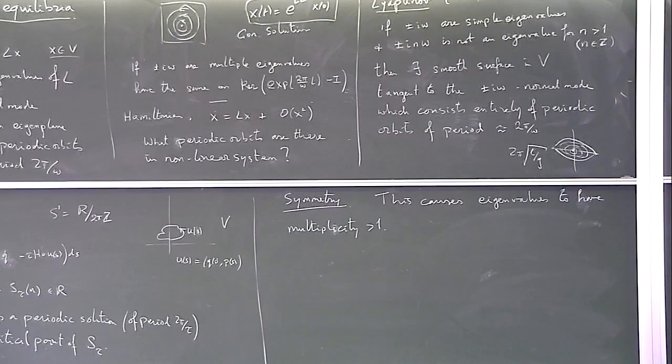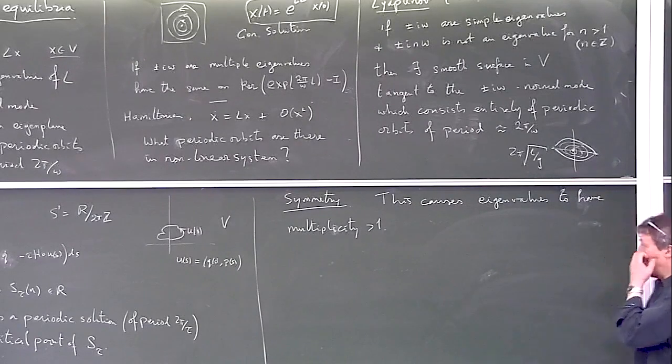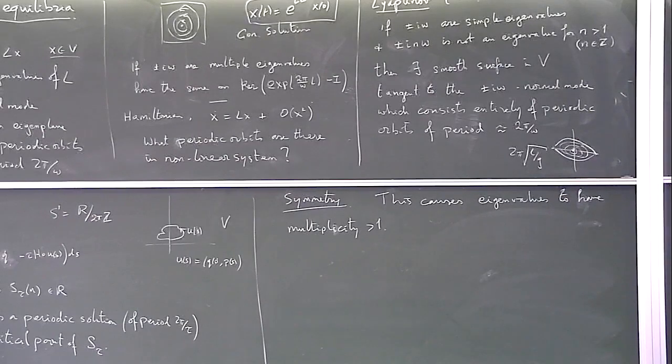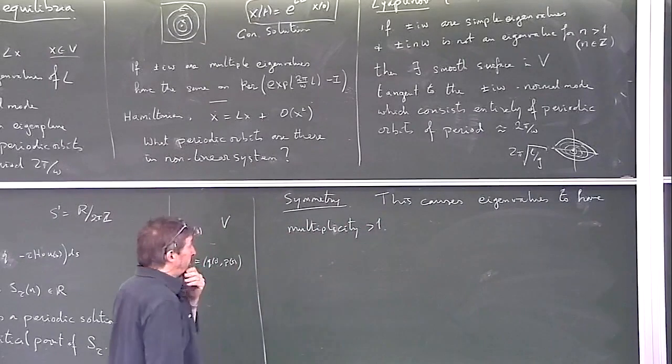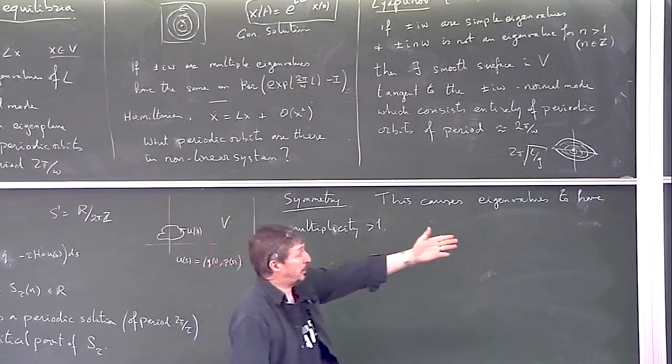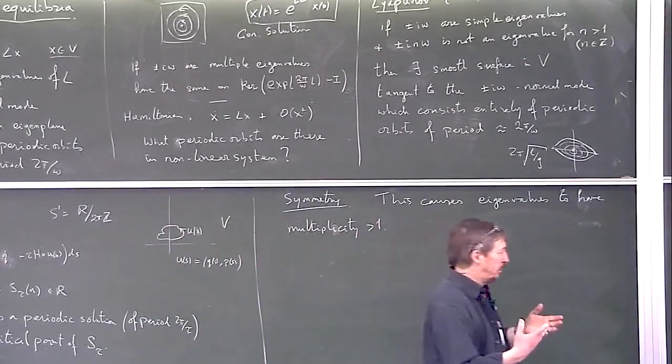But as soon as you have anything like a dihedral group or cyclic groups, then the multiplicity is always going to be bigger than 1. So one would never be able to apply Lyapunov's theorem. One can apply Weinstein's theorem, but it doesn't tell us a lot.